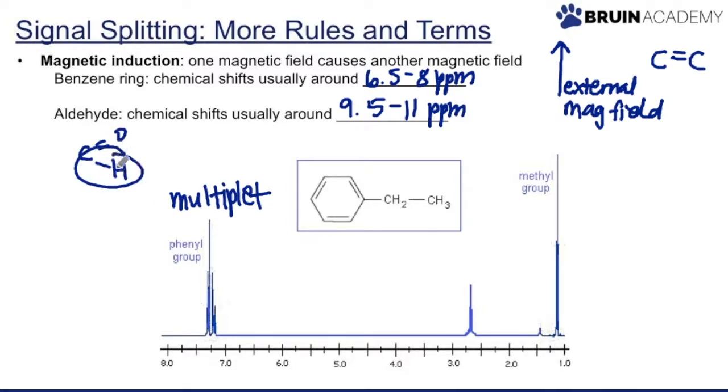You might see a very intense, tall singlet at around 9.5 to 11, and that's usually indicative of an aldehyde. So these are some tips and tricks to help you speed up the process of identifying what molecule you might be working with and what types of hydrogens are involved.